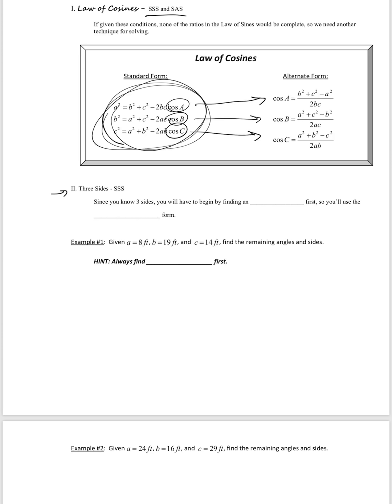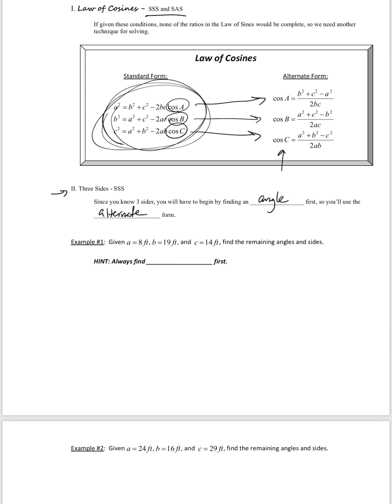So let's look at the first case here for the law of cosines. If I'm given 3 side lengths, then I obviously need to start by finding an angle. So if I'm solving for an angle, I'm probably going to want to use the alternate form, because here I've already solved for the cosine of A, B, or C. Now, as we can see, these formulas are a little more difficult to use than the law of sines was.